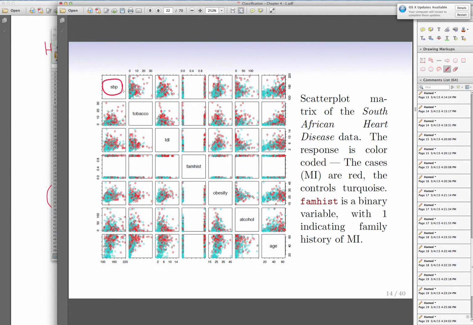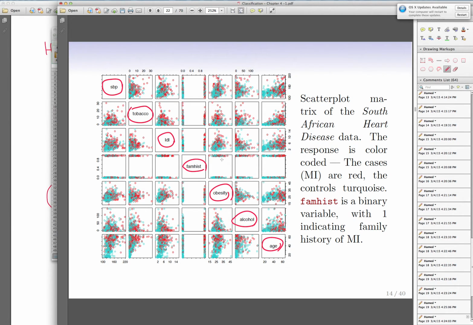a lot of variables such as blood pressure, tobacco use, low density cholesterol, family history, obesity, alcohol consumption, and age were considered. And here the red dots signify heart attack. The blue ones signify no heart attack. And we want to see what are the main effective things for heart attack.